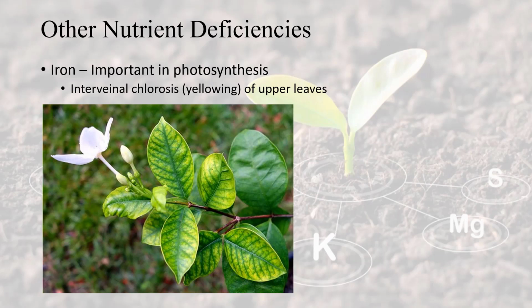Our iron is not very mobile, so our plant isn't able to take iron from the older tissues if it needs it. So as a result, the new growth is going to show the nutrient deficiency first. The opposite is true with magnesium that we saw in the last slide. You would see the same characteristic interveinal chlorosis, but you would see it develop on the lower leaves first.